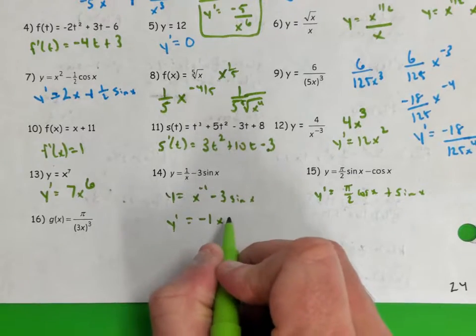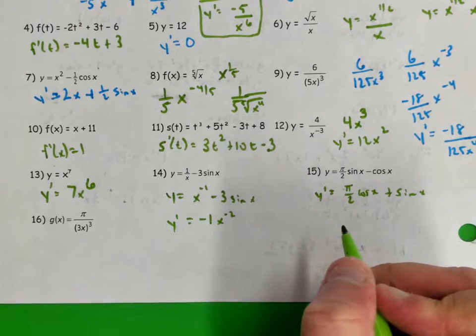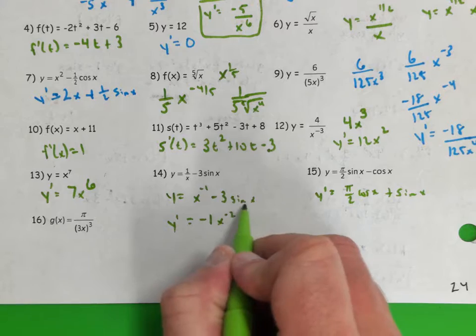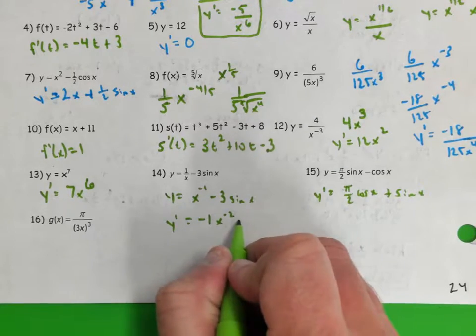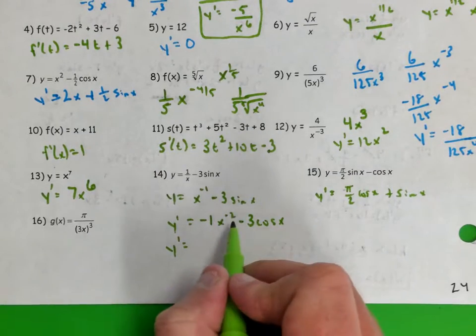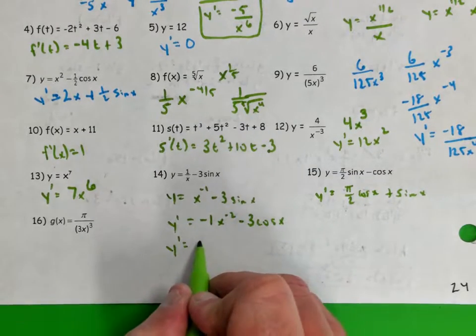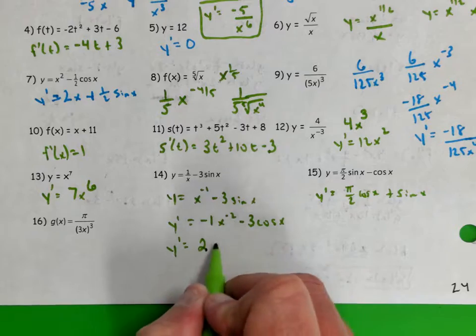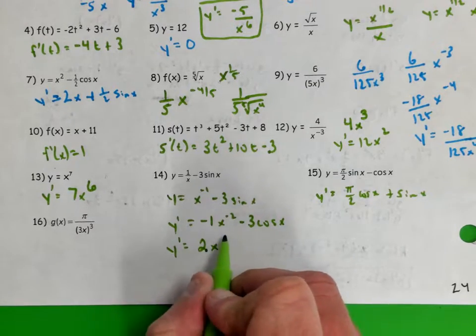Negative 1 minus 1 is? Okay, I'm going to clean that up in a minute. What's the derivative of sine? Negative 2 times negative 1 is 2. Negative 2 minus 1 is?